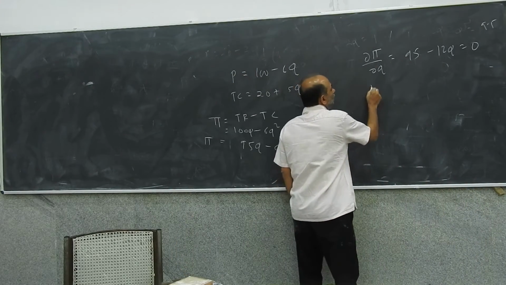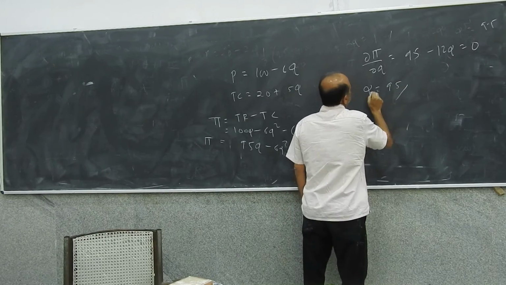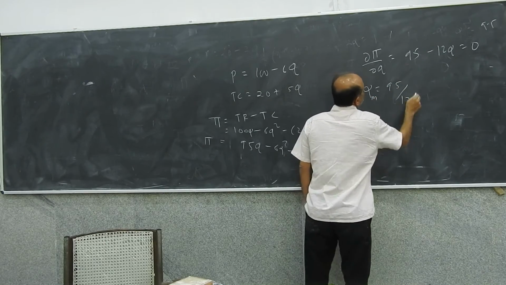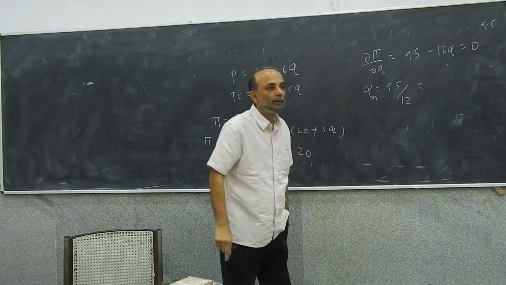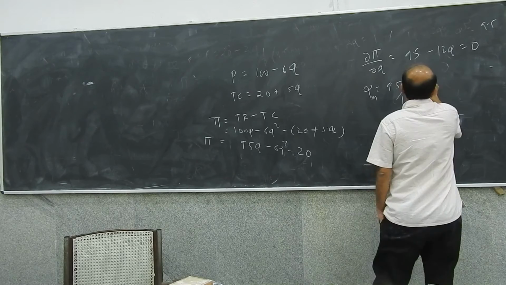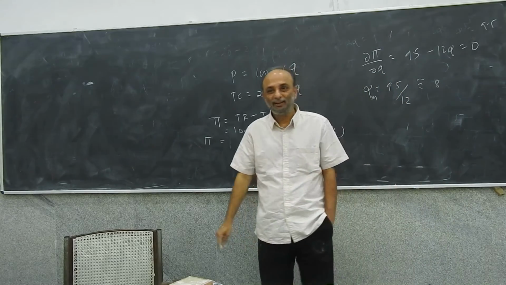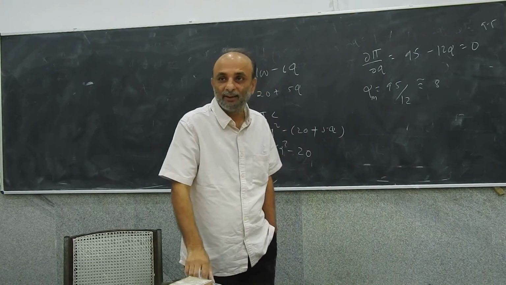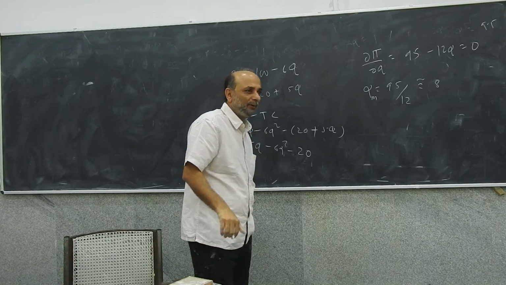So the monopoly quantity is 95 by 12, 7.91. Approximately 8 makes life simple, because 7.9 will round off to 8.